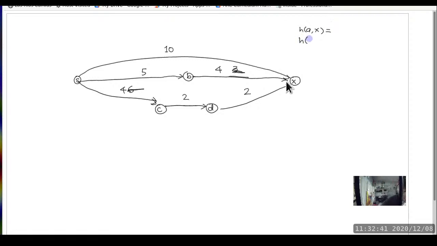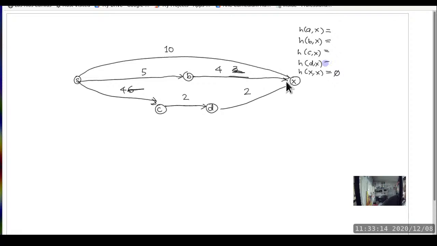Then we have A, no, I take it back, it has to be less than or equal to 8, because 8 is the actual length of the shortest path from A to X. From B to X, it can be less than or equal to 4. And then from C to X, it has to be less than or equal to 4. From D to X, it has to be less than or equal to 2. And from X to X, obviously that has to be 0.